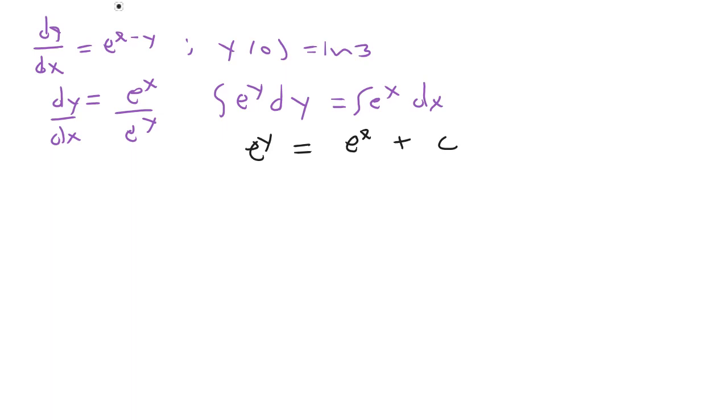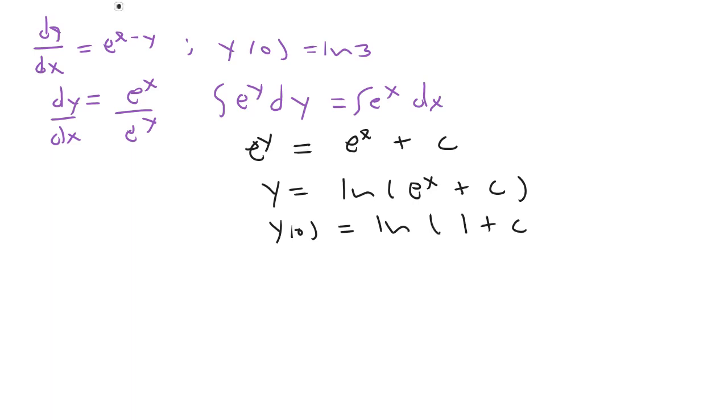Now, notice that here we can get y by itself, because y equals the natural log of e to the x plus c. But then what could you do? You plug in 0, so that's going to be natural log of 1 plus c.